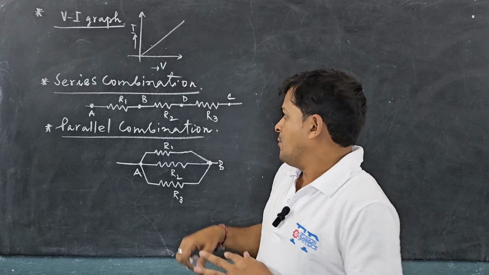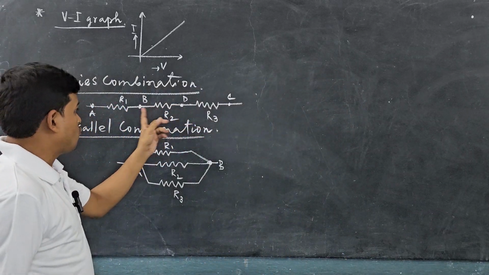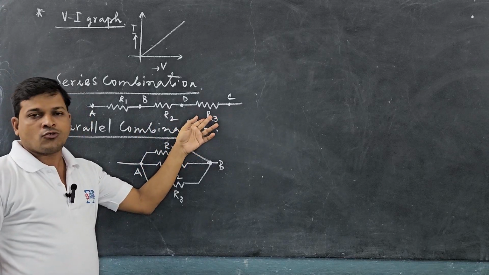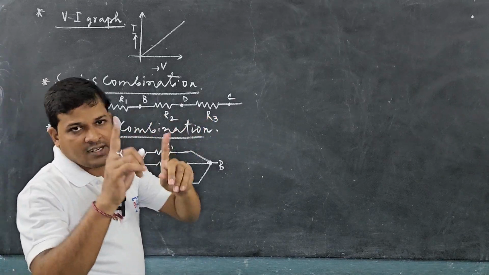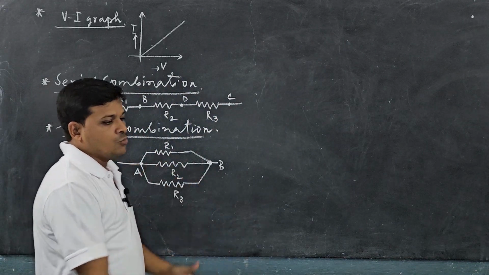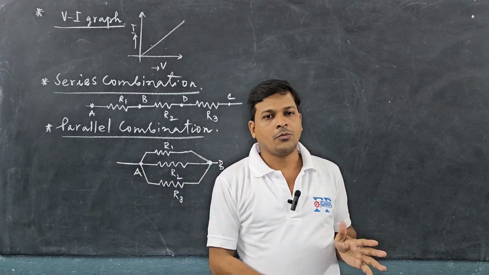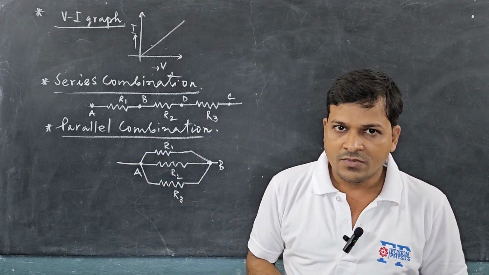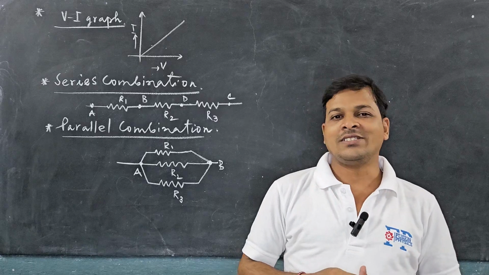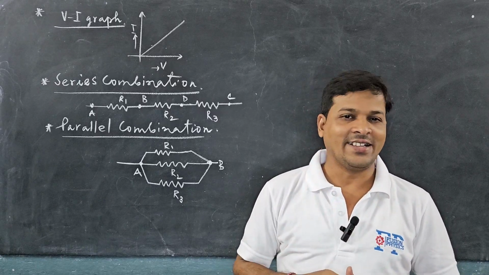But how can you replace these three resistors R1, R2 and R3 by a single resistor? Or in the parallel combination, how can you replace these R1, R2 and R3 by a single resistor without disturbing the potential difference or electric current?